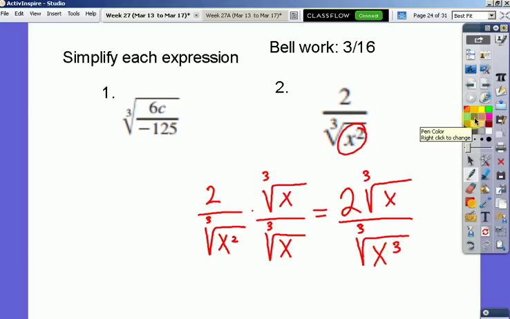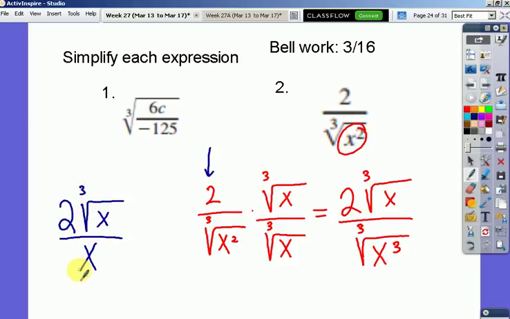The cube root of x cubed is just x. And then I just am left with 2 on the outside. Because this was on the outside originally, I have to leave it on the outside. So 2 cube root of x over x. Questions?